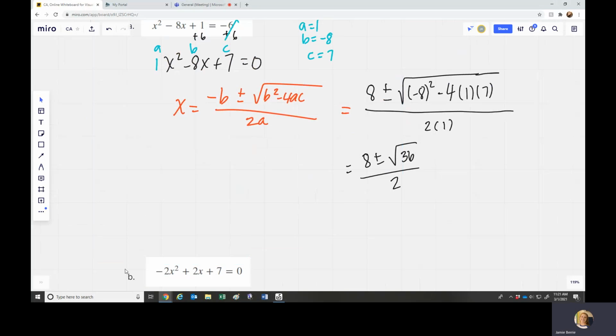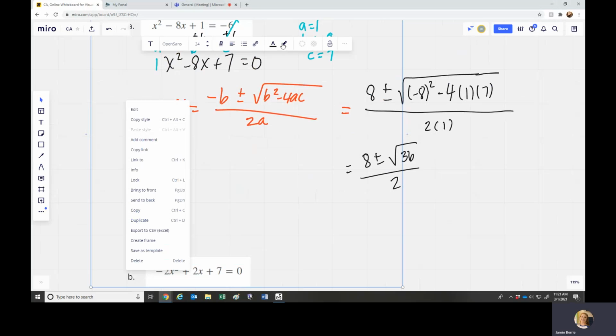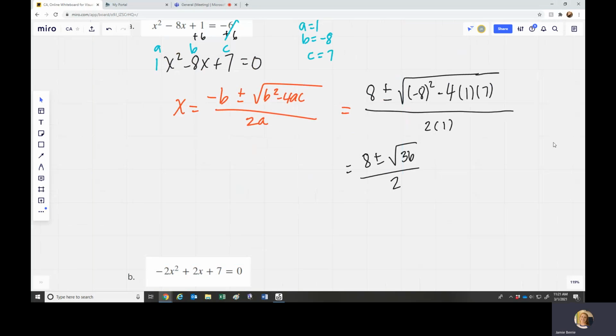Okay, so we know that the square root of 36 is 6, so let's write that in. So that's 8 plus or minus 6 over 2. Now I'll split it up into 2 pieces: 8 plus 6 over 2 and 8 minus 6 over 2.